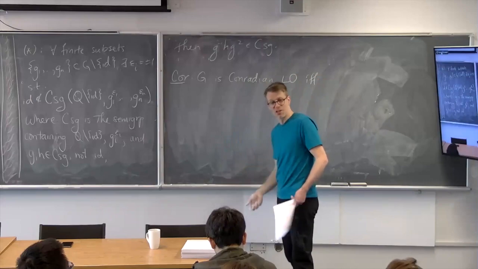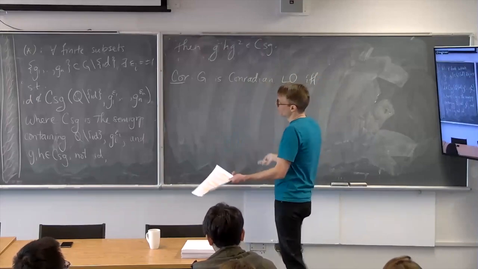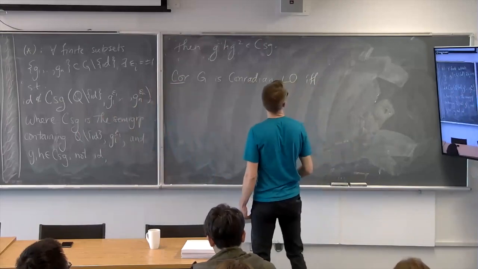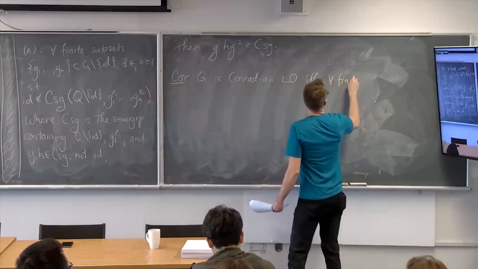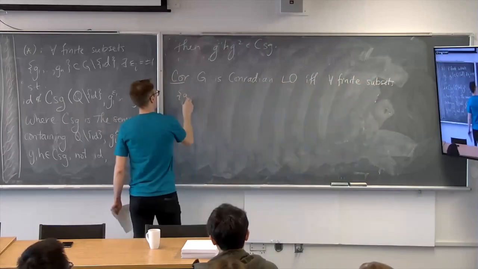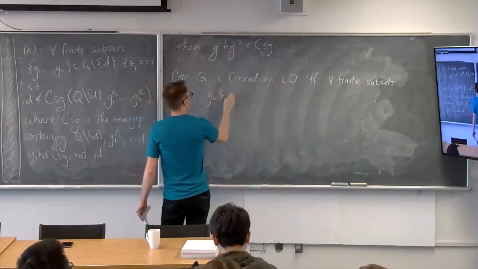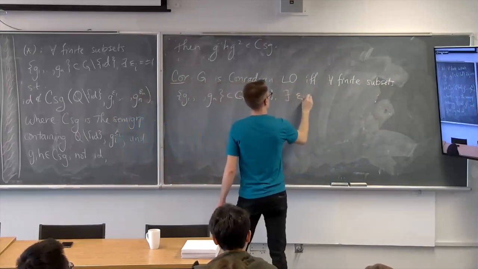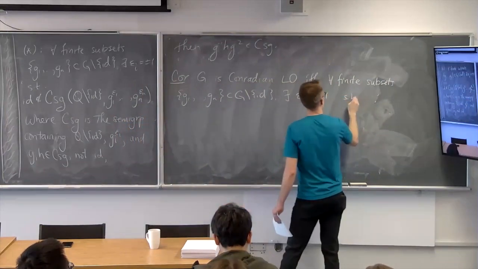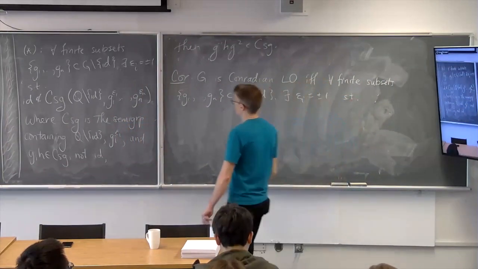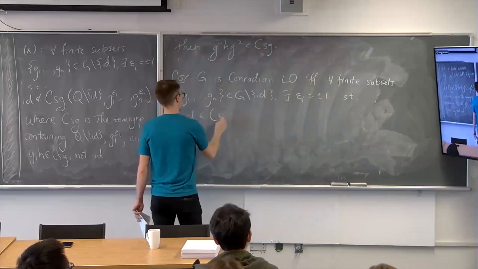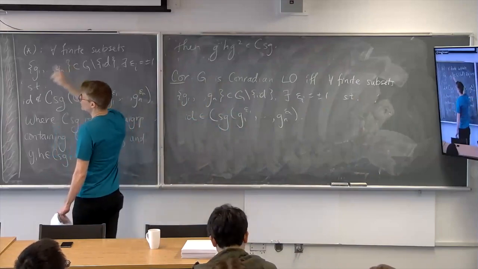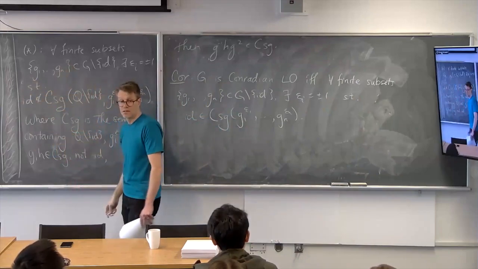For every finite subset g1, ..., gn in G, but not the identity, there exist exponents epsilon_i equal to plus or minus 1, such that the identity is not contained in the semigroup generated by those elements. And it's just the same as before. You apply this theorem, but you take Q to be the identity.